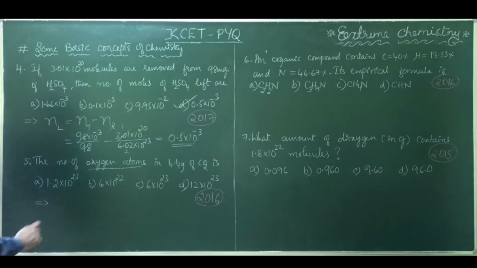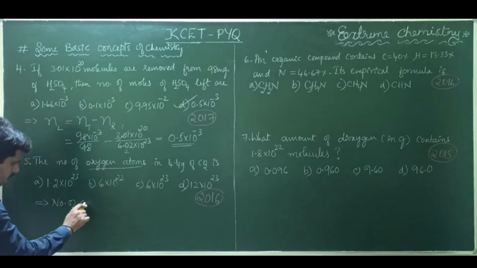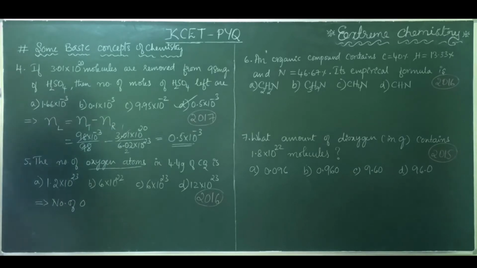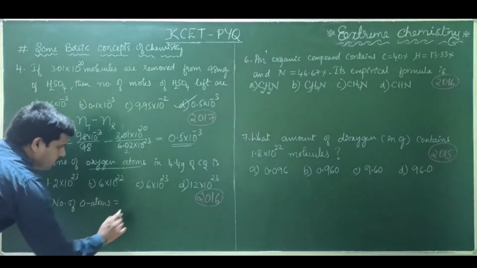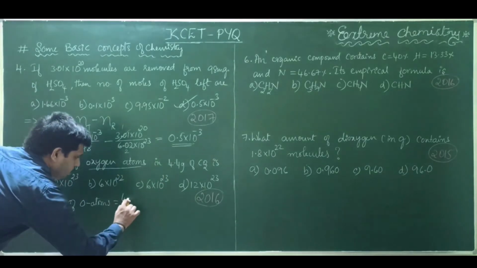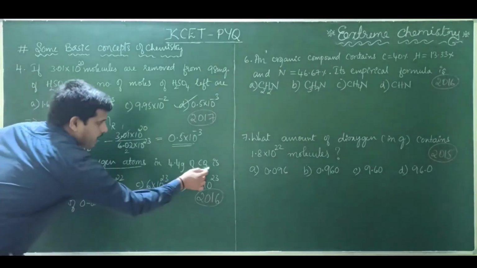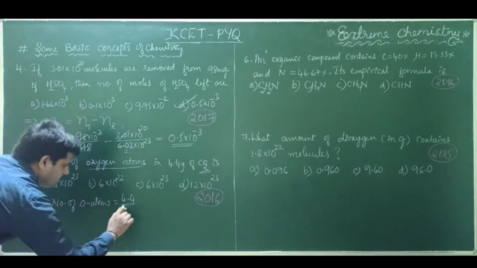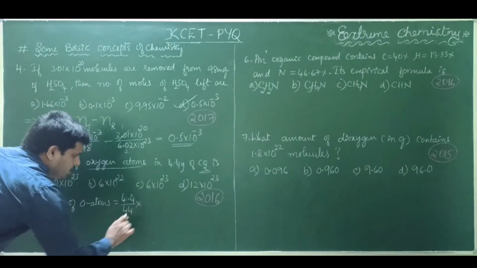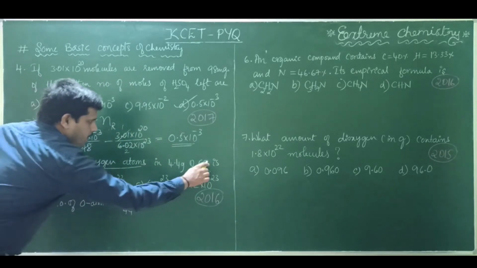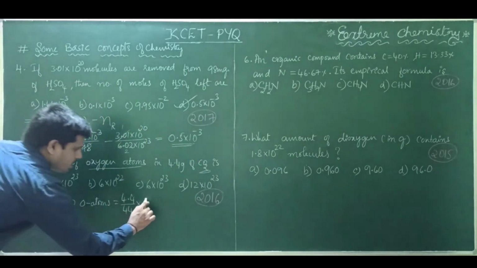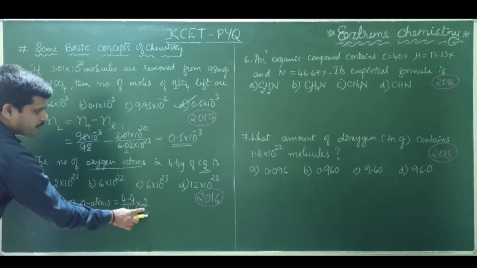How to do that? Number of oxygen atoms, we'll go for the direct calculation. Number of oxygen atoms is equal to how many moles are there? 4.4 gram divided by carbon dioxide molar mass 44, into 2, because each mole contains 2 moles of oxygen atoms, as we are calculating oxygen atoms now. Why do we need to multiply by 2?